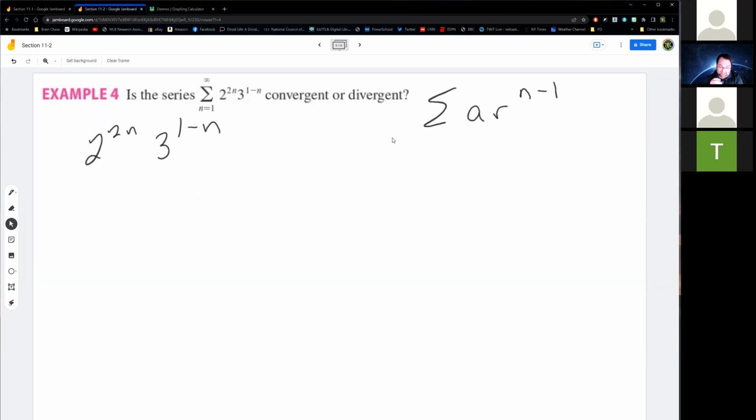So, do we have anything that looks like an n minus 1 in this problem right now? The exponent. Yeah, we have that right there, right?